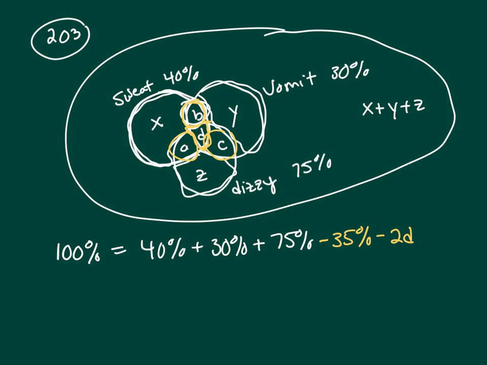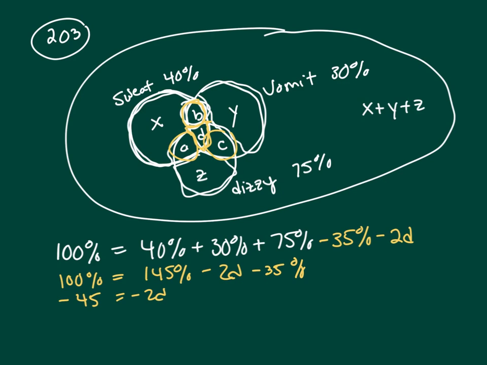Now, if I solve this thing, 100% equals what? 145% minus 2D. So that's negative 45 equals a negative 2D. But I lost my minus 35, so let me go back and pick that up.